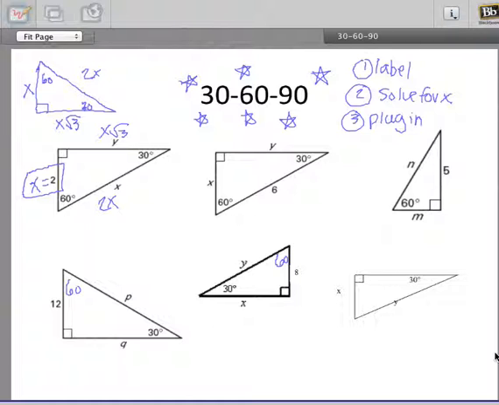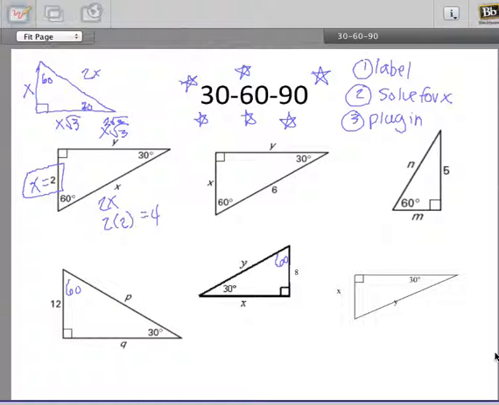So this one's actually a really easy example, because I already know x equals 2. Well, then I can plug in x. If x equals 2, then 2 times 2 is 4. And if x equals 2 here, then I can plug in 2 here and get 2 radical 3. Does that make sense?